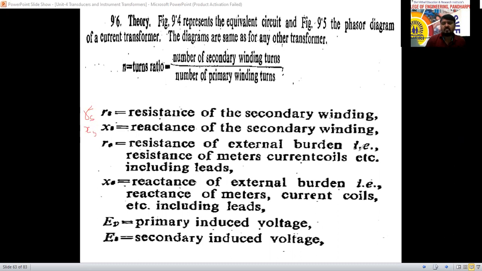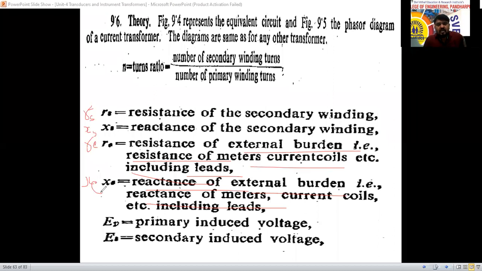RE is the resistance of the external burden, which includes the excitation coil and all the other things, including the LEDs. XE is the reactance of the external burden, the external reactance.